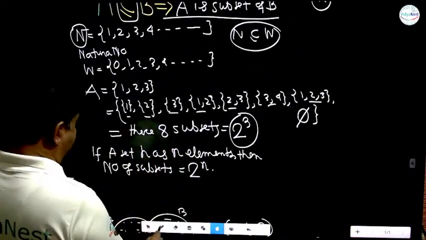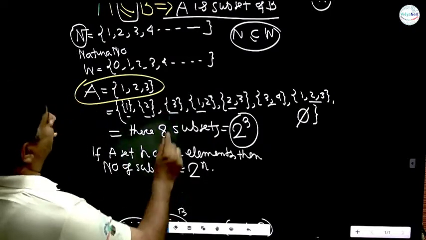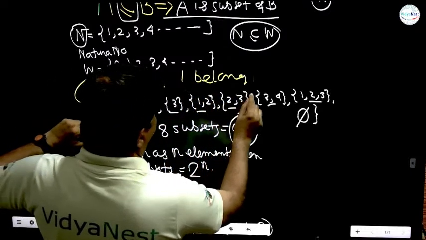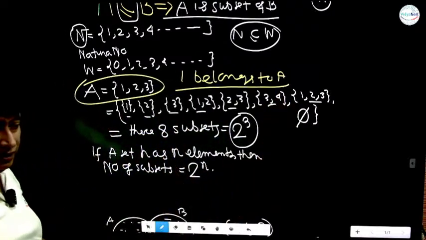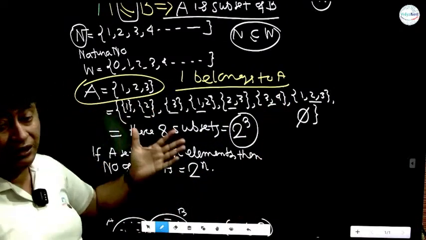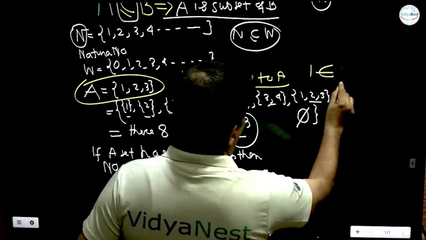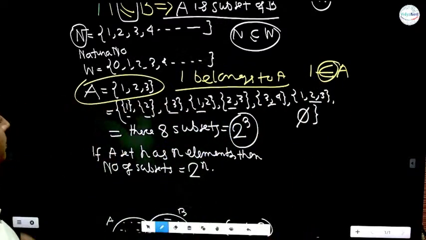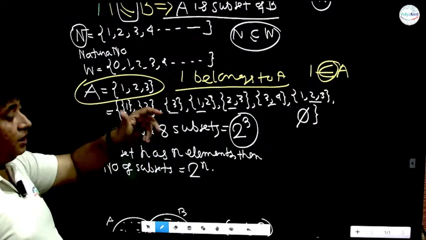Now, again come to this example. Here I can say 1 belongs to A. In words I have written this, but how to write it mathematically? 1 belongs to A. This sign represents 'belongs to'. It almost looks like epsilon.